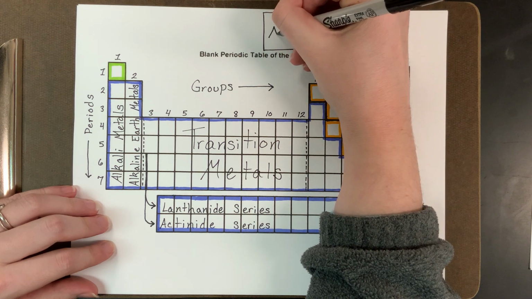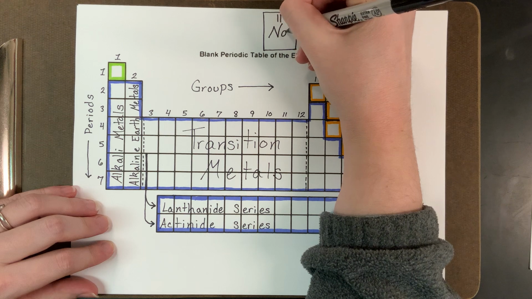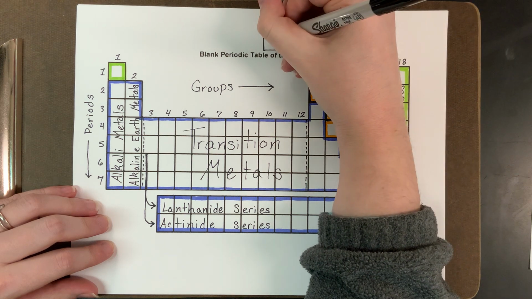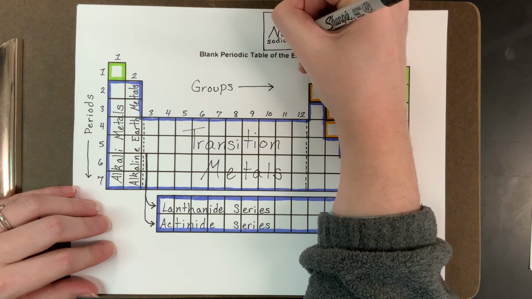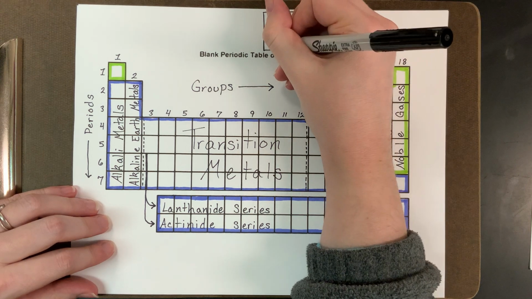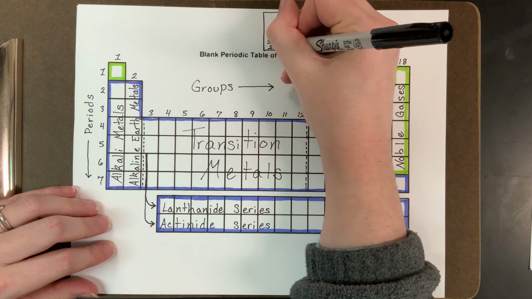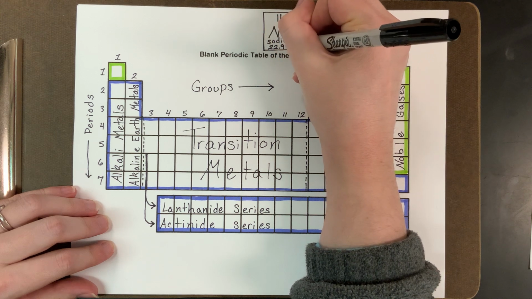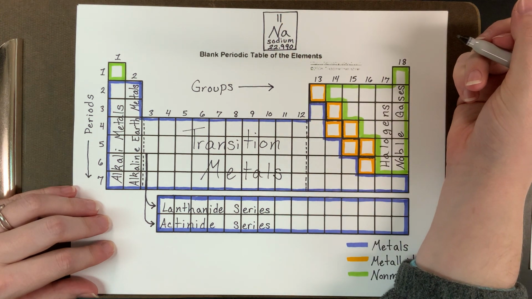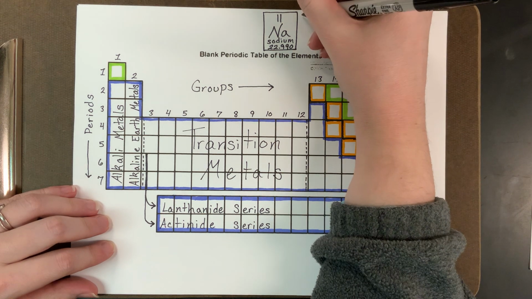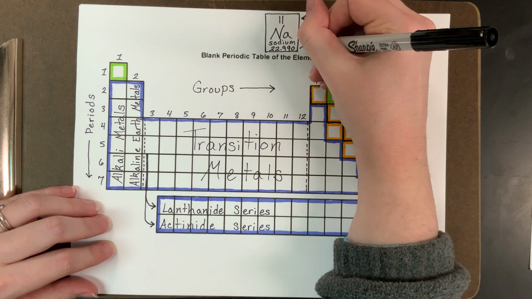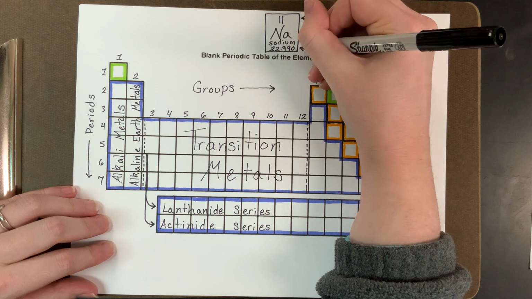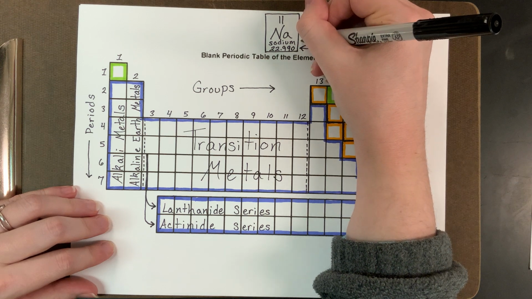You're going to see one or two large letters. You'll see a name. And then you'll see some more numbers at the bottom. All right, and each one of these represents something different. So we're going to go through and we're going to label each of these.